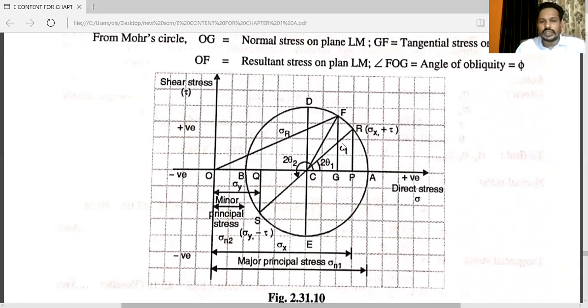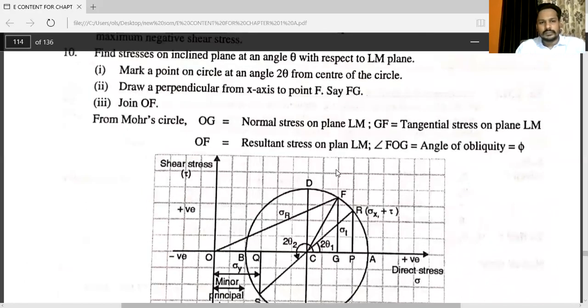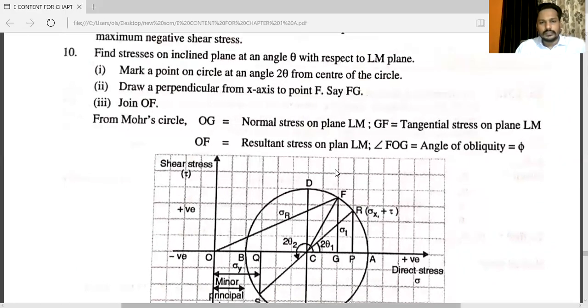This one is the tangential stress. O to G is the normal stress.